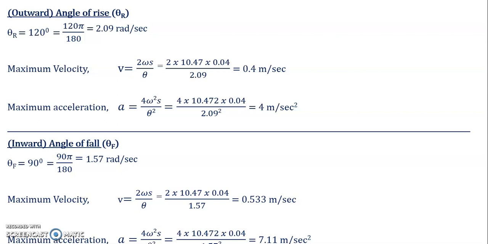Now here the angle of fall 90 degrees is nothing but 1.57 radian, and then the maximum velocity is 0.533, and the maximum acceleration, after substitution, here theta changes, you will get 7.11 meter per second square.